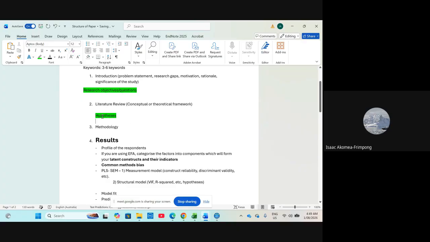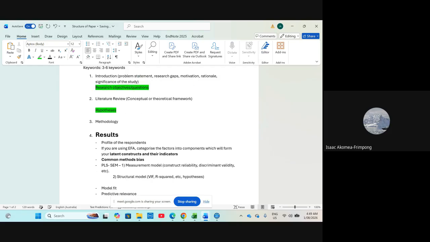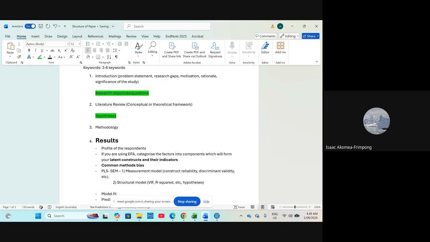The question that you have to ask yourself is, have I been able to answer my research questions? Or have I been able to address my research objectives? Or the third one is, have I been able to address my hypothesis? These are the questions that you ask when it comes to the discussion part.